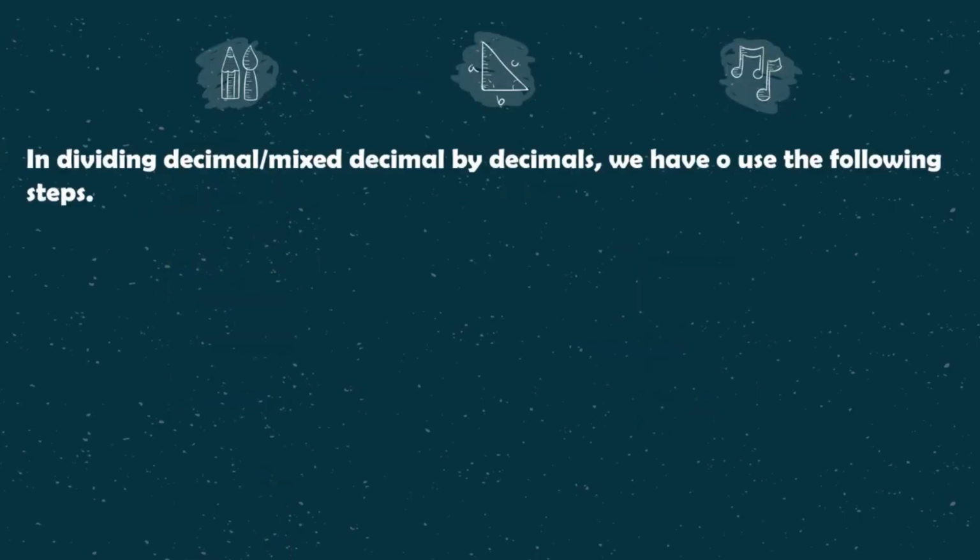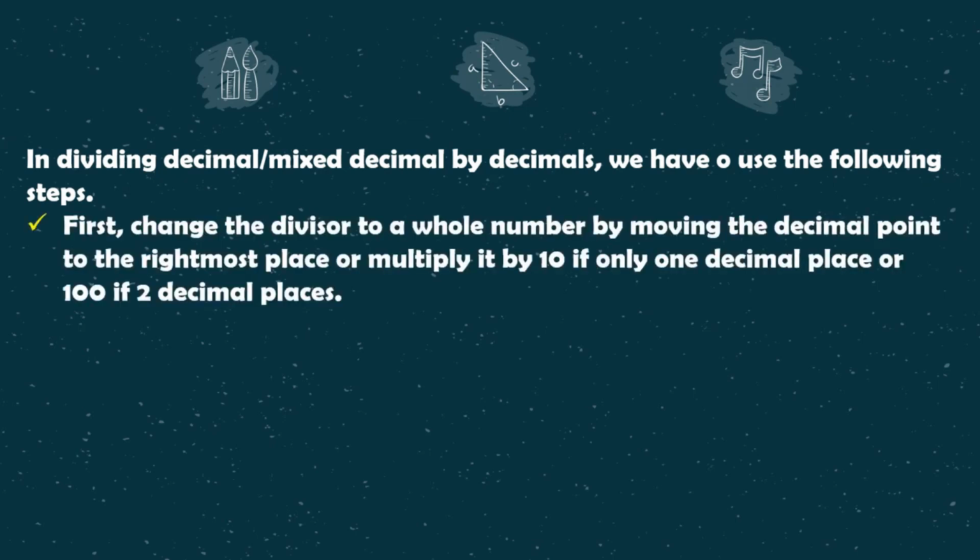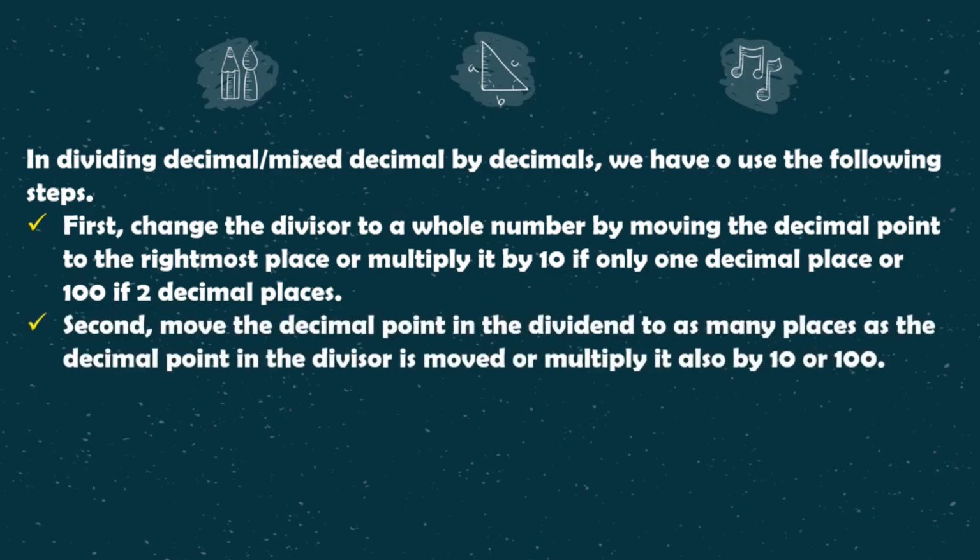In dividing decimals or mixed decimals by decimals, we have to use the following steps. First, change the divisor to a whole number by moving the decimal point to the rightmost place, or multiply it by 10 if only one decimal place, or 100 if 2 decimal places.